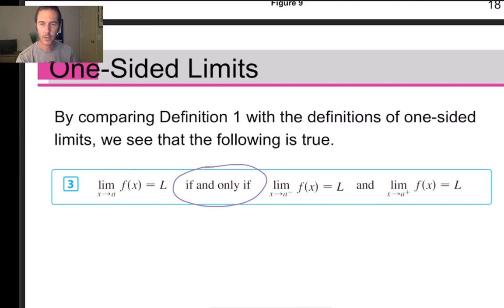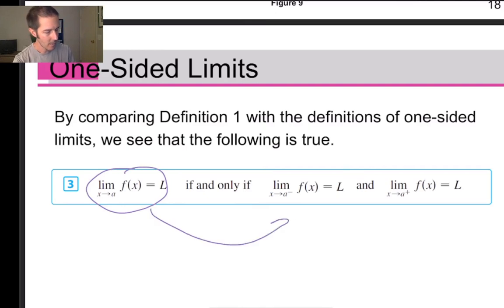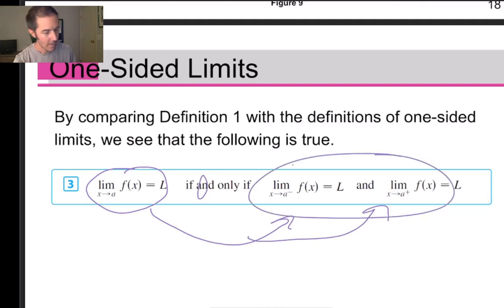Couldn't they have just put the word if in capital letters? No. What this means is that if this is true, then both of those things are true. And if both of these things are true, then this is true. One implies the other, and the other implies the one. If and only if means that that's always going to be true.